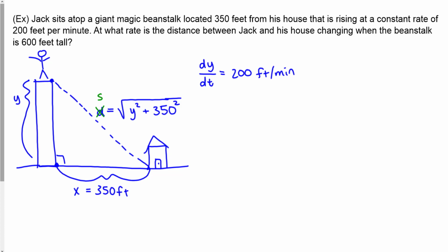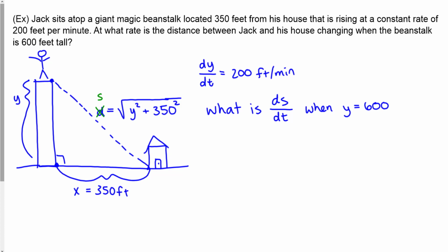So keeping in mind what I want to find out, the question is asking me, at what rate is the distance between Jack and his house changing? So we want to know what is ds/dt, so that's the rate at which the distance between Jack and his house is changing, when the beanstalk is 600 feet tall. So when y is equal to 600.